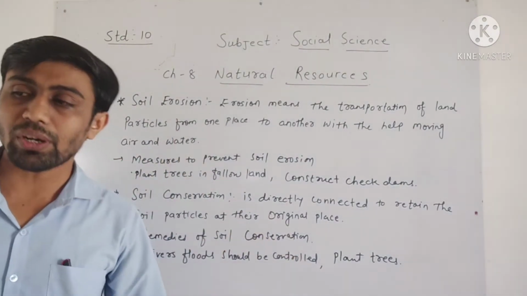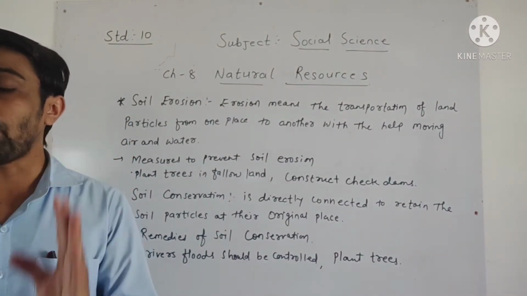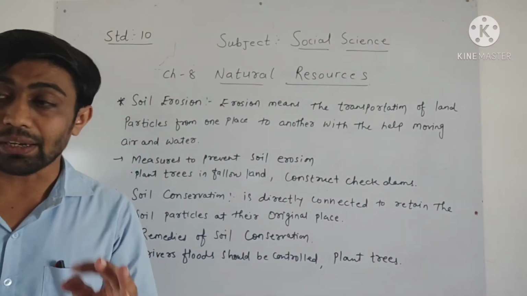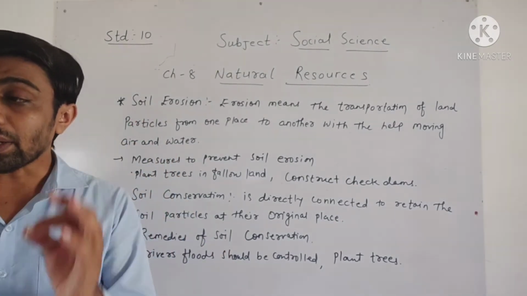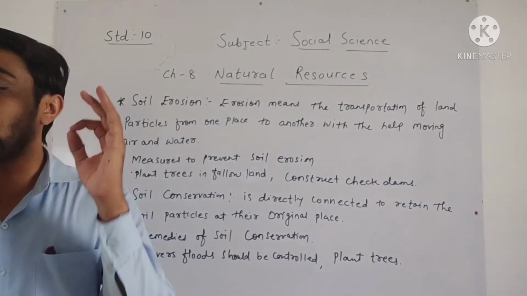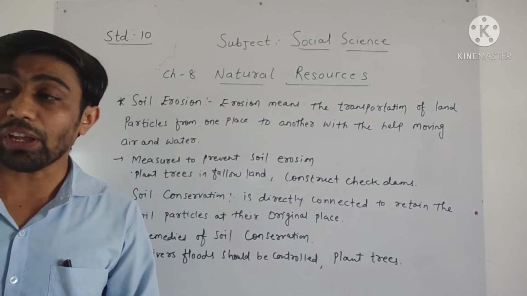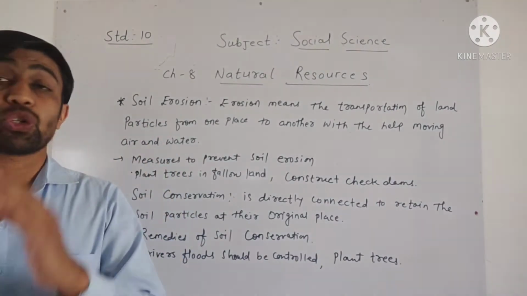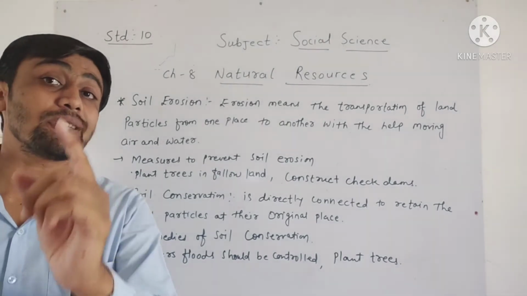In another word, dear children, you can say that it is the faster transportation of the particles of the surface land to another place by the natural forces. It takes many years to form the upper layer. If the soil particles are carried away because of heavy rains or by stormy winds, then the agriculture production is decreased.